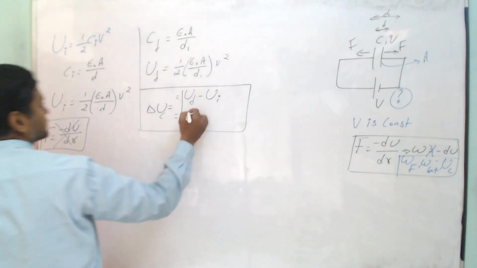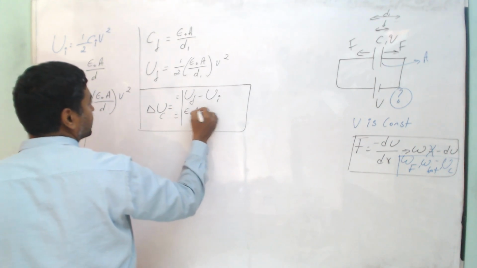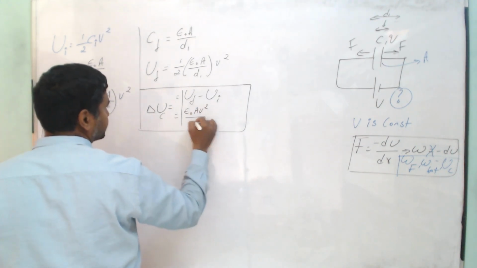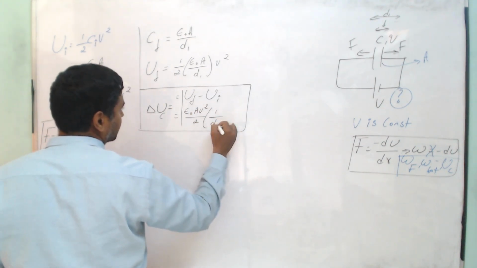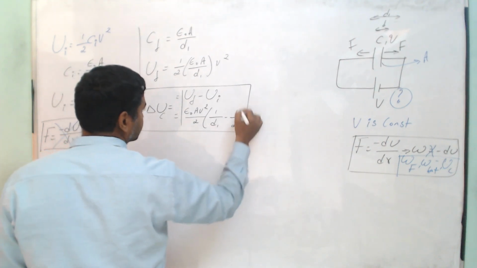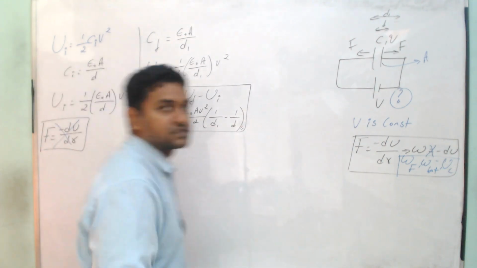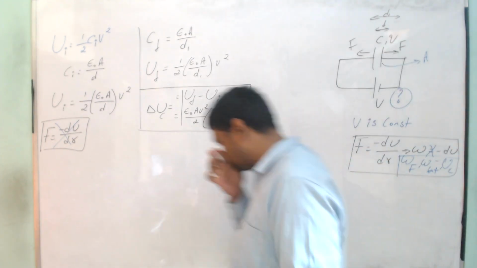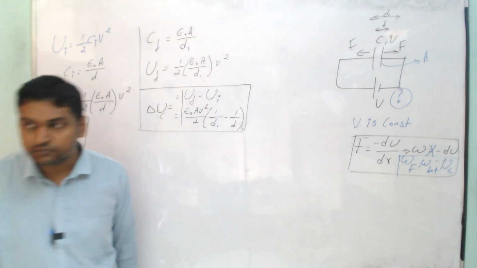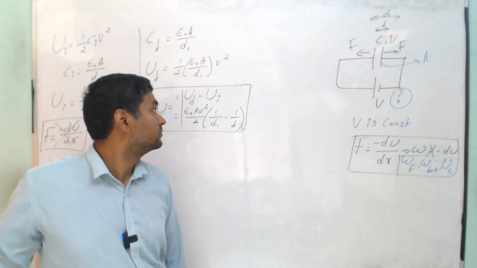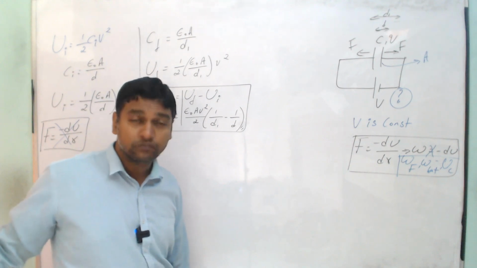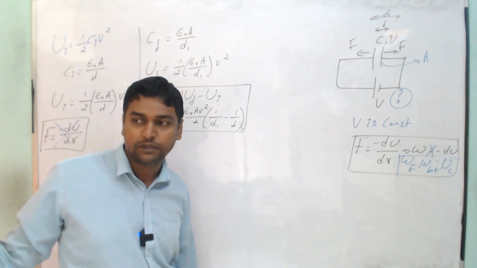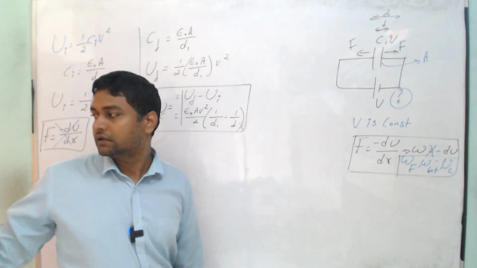Epsilon naught A V square by 2 are all constants, into 1 by D1 minus 1 by D. Change in physics is always final minus initial. That is fine.